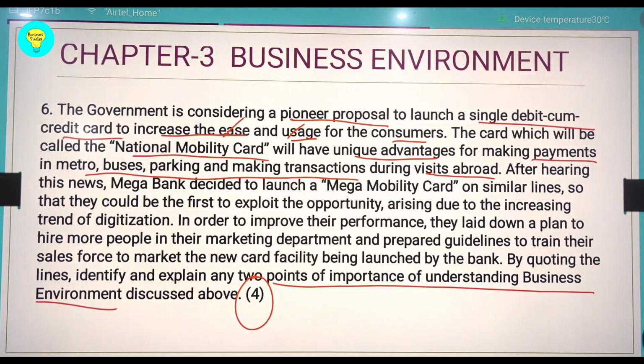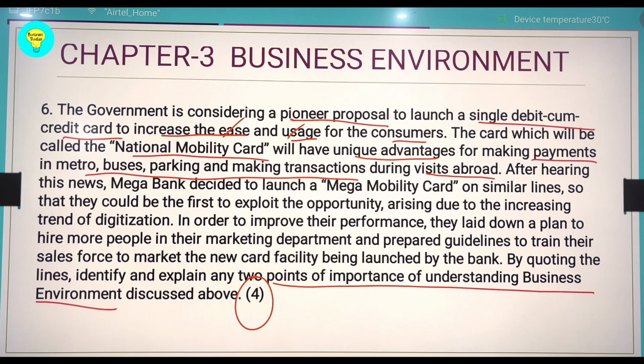So you see, students, the case study talks about the government's initiative to bring one card, National Mobility Card, which can be used in different stations and can make the payments easier for the customers and its usage as well.